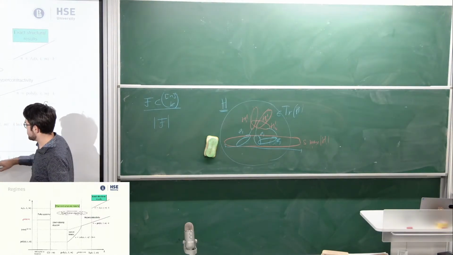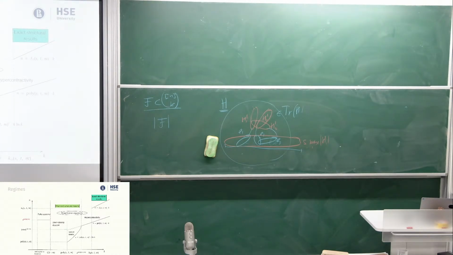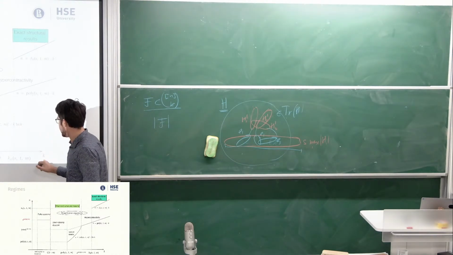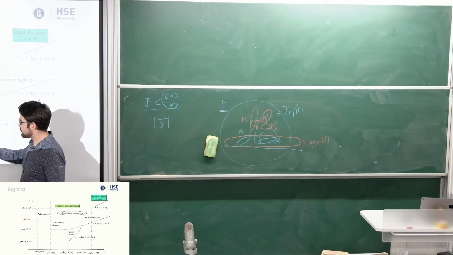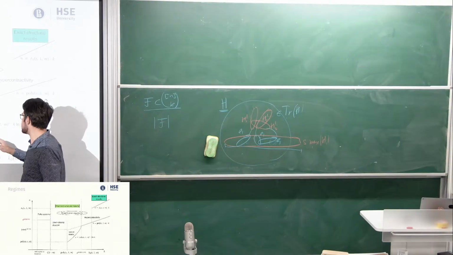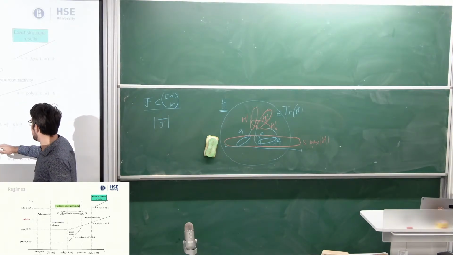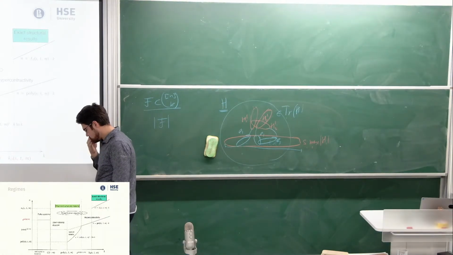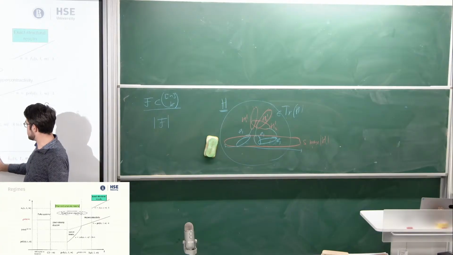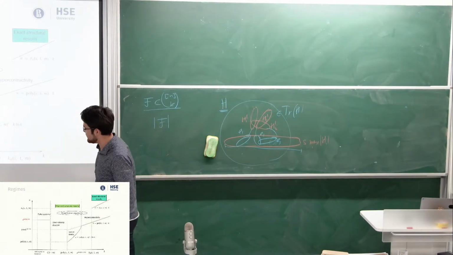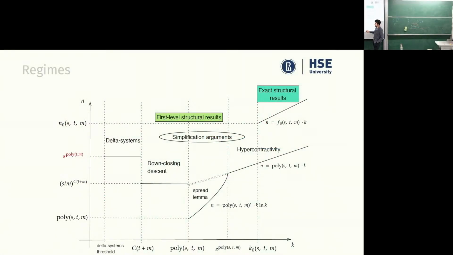Then you move forward, and if n is polynomial in s, t, and m, and k is polynomial in s, t, and m, you can obtain some results using the spread lemma, so using the spread approximation technique due to Andrei and Dima. But it becomes suboptimal when k is at least some exponent to the power of a polynomial of s, t, and m.